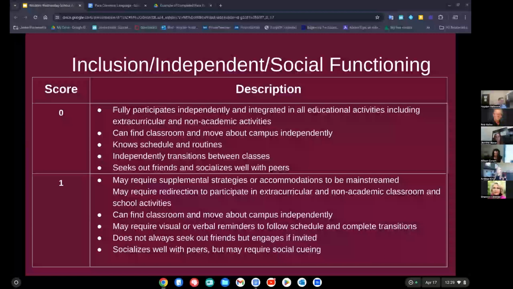And to the point that we made earlier, if you have a student who's struggling in the classroom academically and struggling with behavior, I have personally seen this section right here, the inclusion, independence, and social functioning, at a 0 or a 1. For the most part, they can handle the school setting as far as social functioning and inclusion and independently navigating the campus.